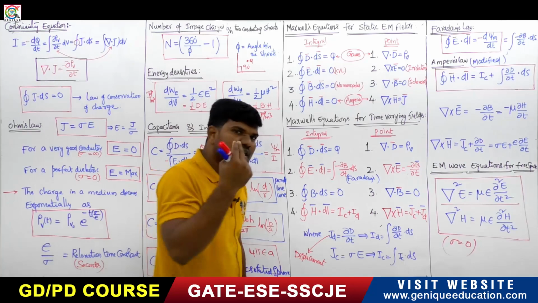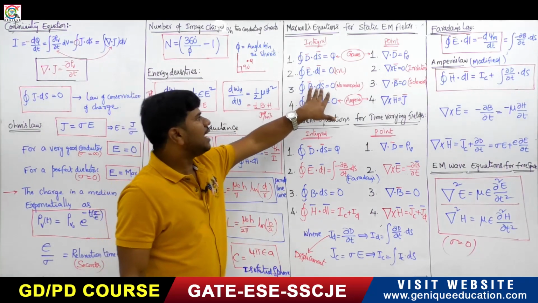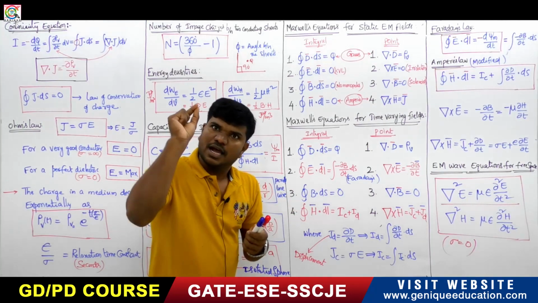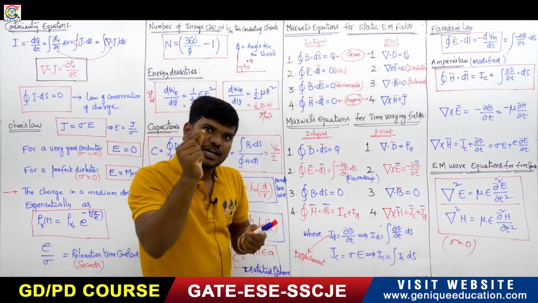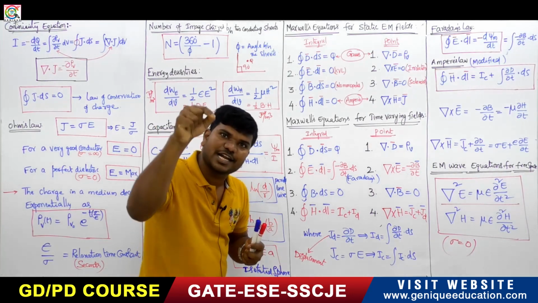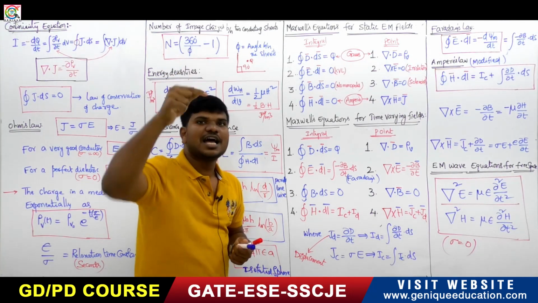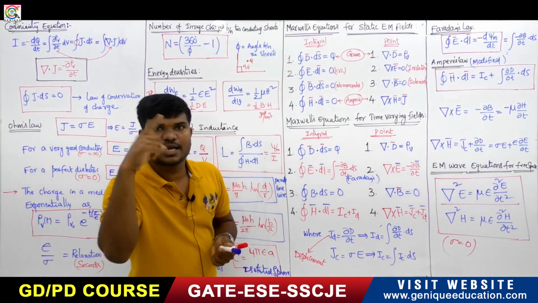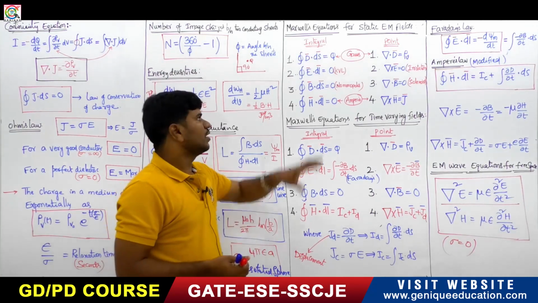What is the actual meaning of this? Entering flux and leaving flux mean that within that closed surface there is a positive kind of flux and a negative kind of flux in that volume.